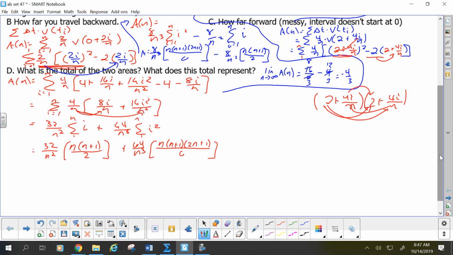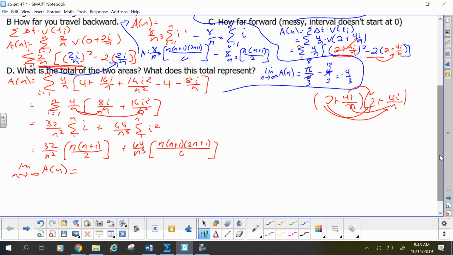Shall I pause for a second? Are you catching up or are you good? Okay, now we have this big old formula for a rectangle estimate based on any number of rectangles. Now to get the perfect area, I want to let the number of rectangles go without bound, or go to infinity.